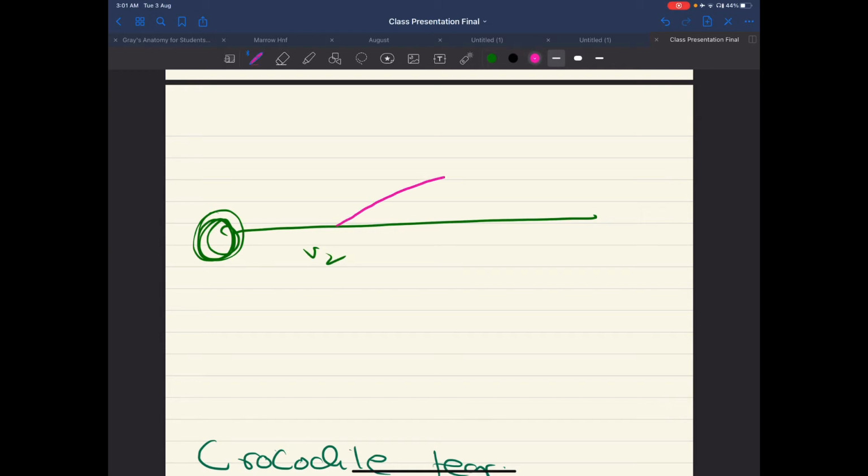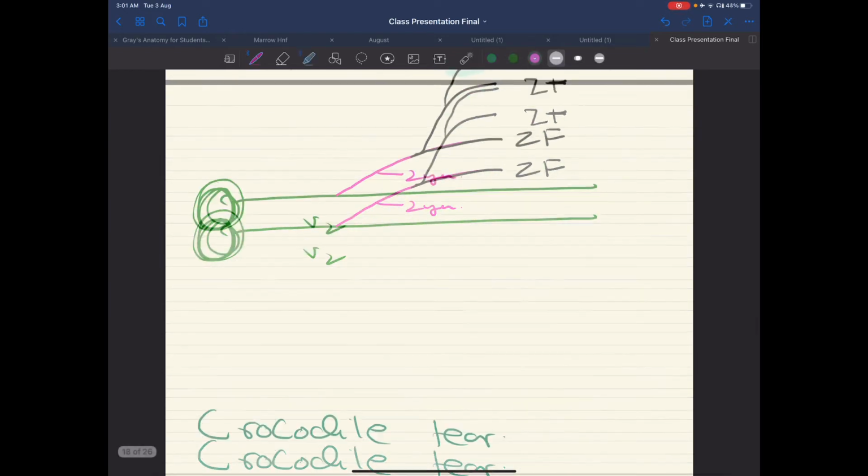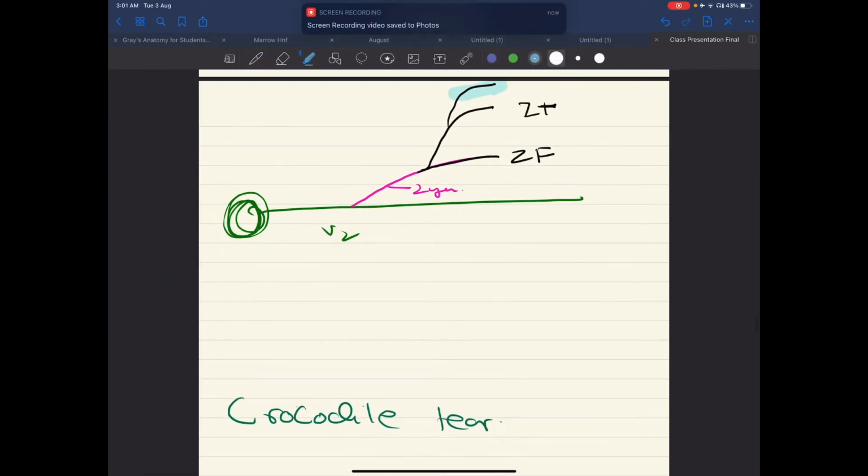It will give this nerve, your zygomatic nerve, which will then again divide into two, zygomaticofacial and zygomaticotemporal. So this is zygomaticotemporal.